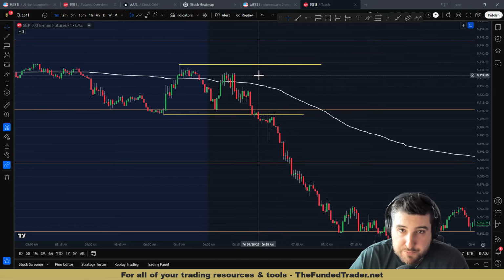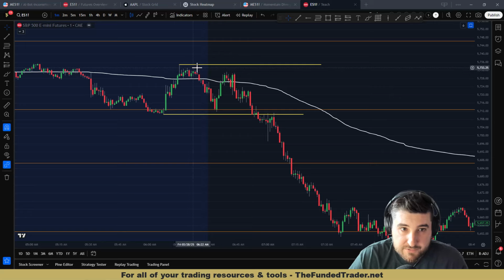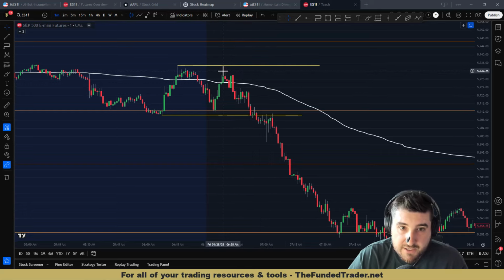Now, if you're super bearish on the day and you see this false break of this high with this little consolidation, by all means, once we get back below the VWAP, you could start measuring. But personally, I would not, because this could easily just be a pullback to push back up. So for now, there's no reason to use it.